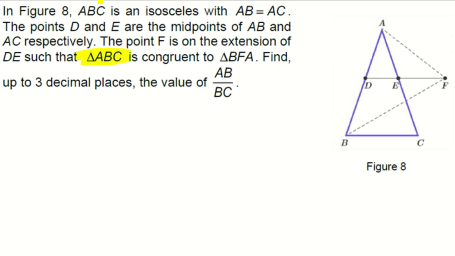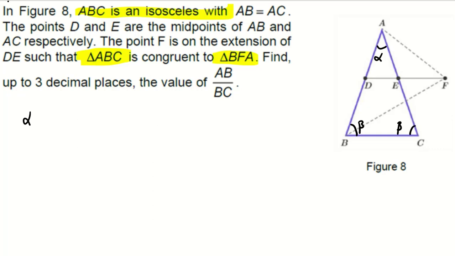Since the triangle ABC is congruent to the triangle BFA, and also triangle ABC is isosceles, we can fill in the values of some of the side lengths and the angles. For example, we can let the angle A be alpha and let the angles B and C be beta.